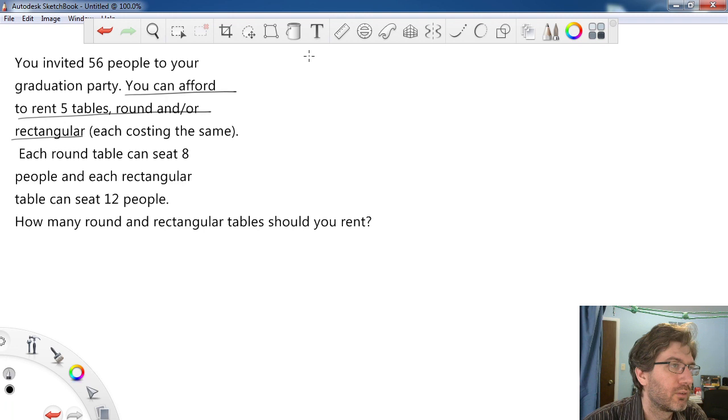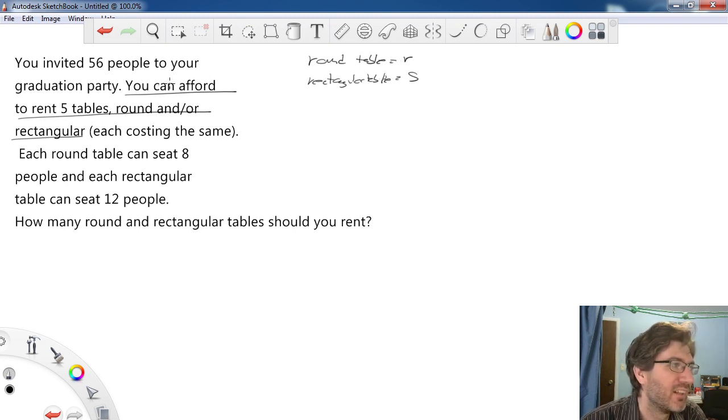Let's call round tables R, because it starts with round, and let's call rectangular tables S. We'll change that to square tables in our heads, so just keep track of that.